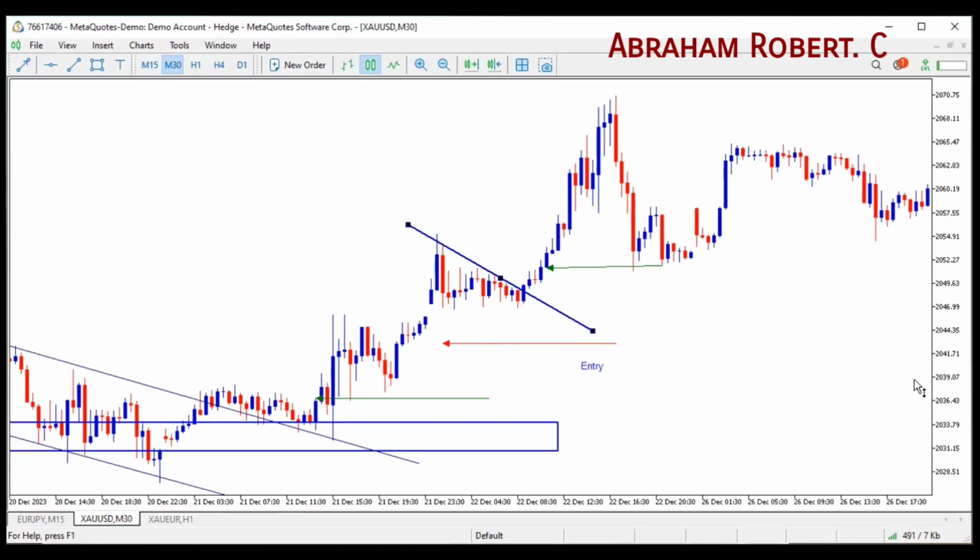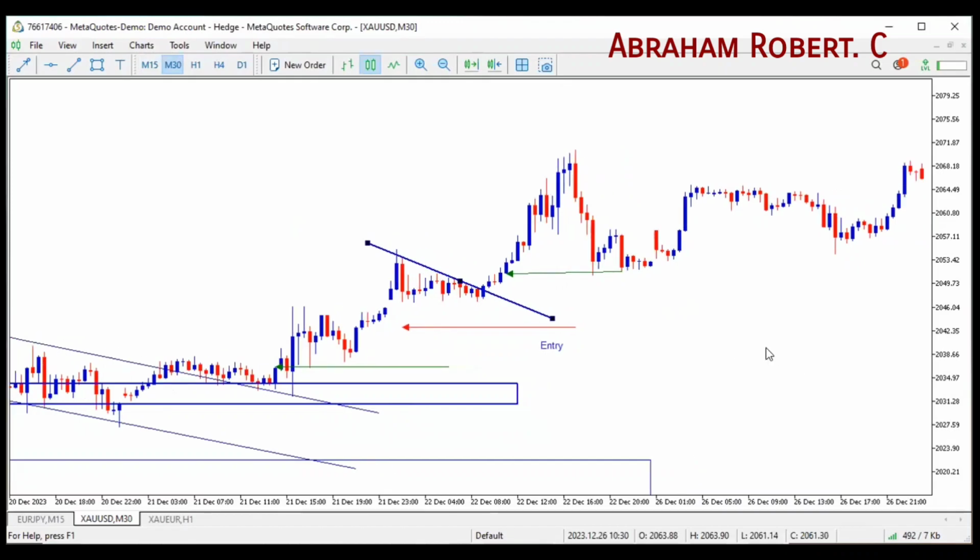Now, if we want to enter into this market again, where can we say it's another entry point? You can see an impulse move. This is an impulse move. Now, this is a retracement. What you should be looking at is after a retracement, you wait for a break of structure.